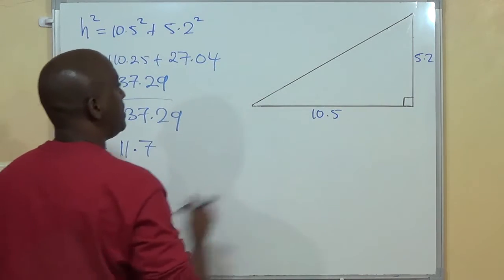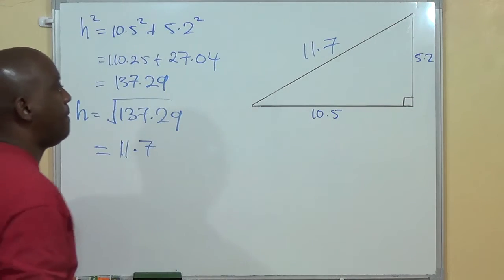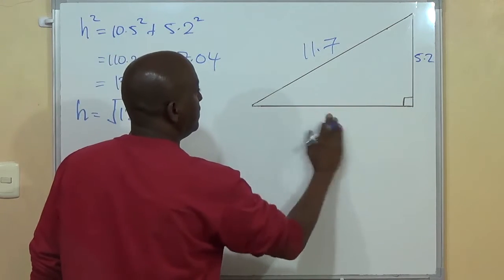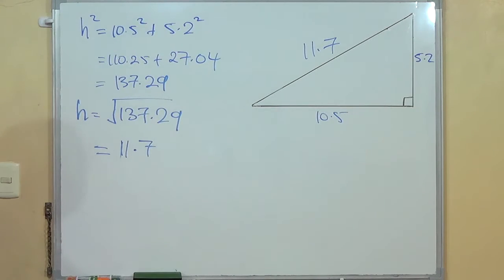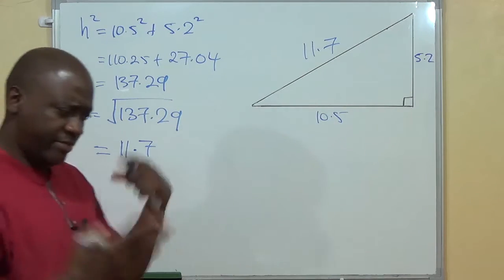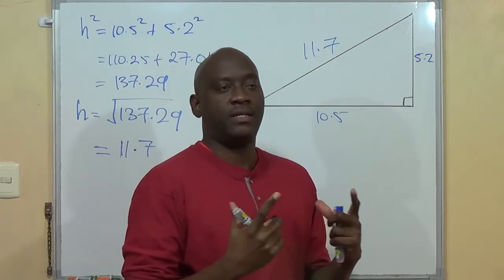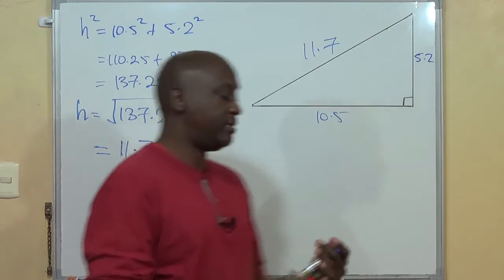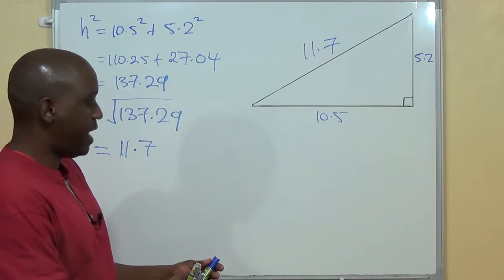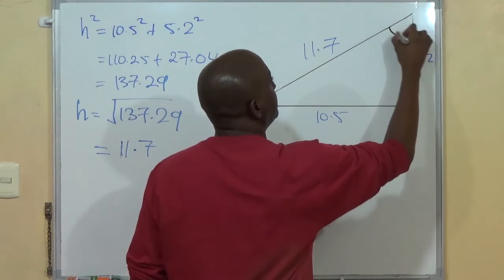So let us say, for the sake of argument, that we had 11.7 there, and the one that we didn't have is 10.5. In this case I'm going to use, just for the sake of maintaining the consciousness of trigonometry as something that is allied to Pythagoras Theorem, this angle up here as a reference angle.